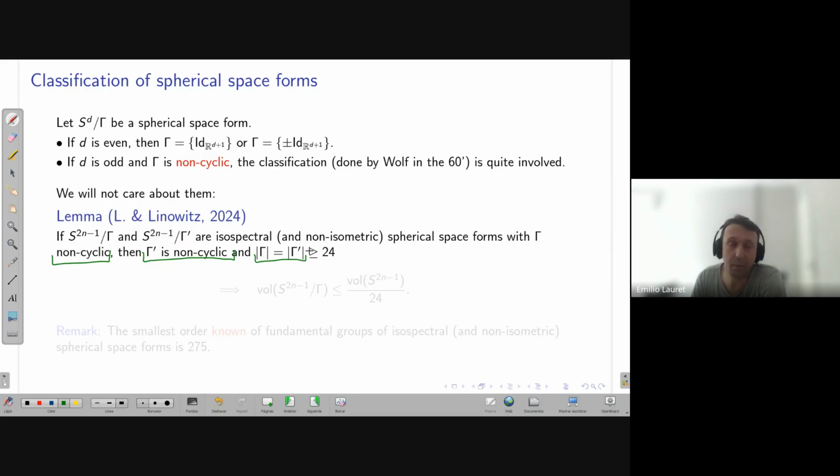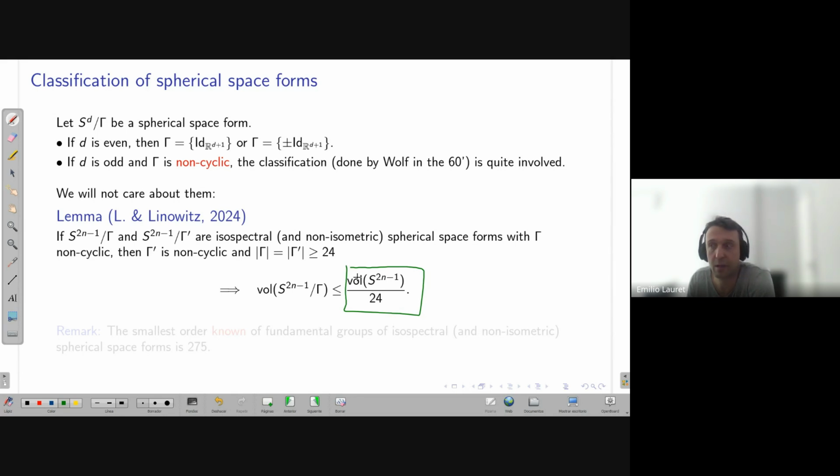The number of elements, of course, is the same because the volume is the same. We say that the volume is a spectral invariant, so the number of elements is also a spectral invariant. But the point is this one. The number of elements of the fundamental group is going to be at least 24, which means we have an upper bound for the volume.